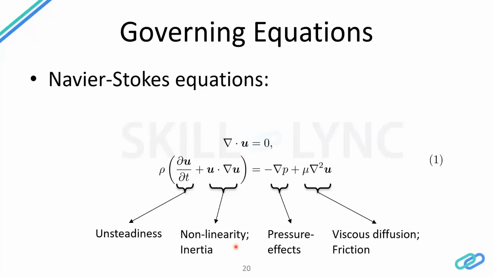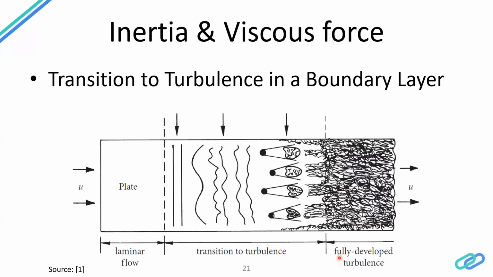I call it the inertia term from the physical point of view. There is the gradient of pressure. We'll talk about it later if we have time. Then is another important term, which relates to the viscosity, so the internal friction in the fluid. I call it the friction term. So let's see what these terms all do.